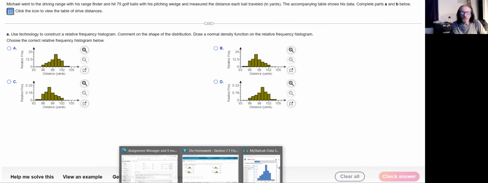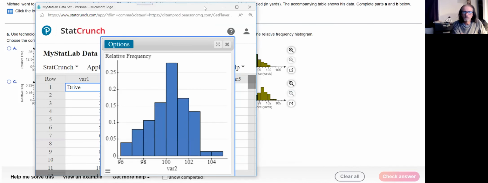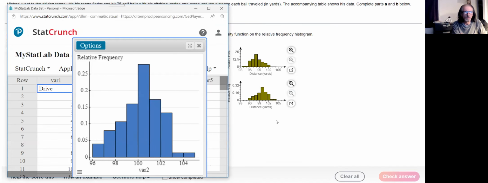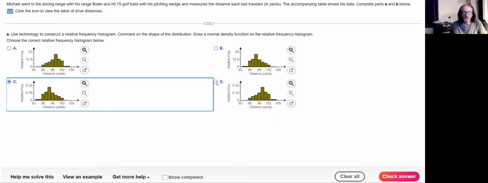So it could only be choice C or D. And as we take a look here, this is starting at 96. That's looking most like choice D as opposed to choice C. The direction of the skew appears to be different.